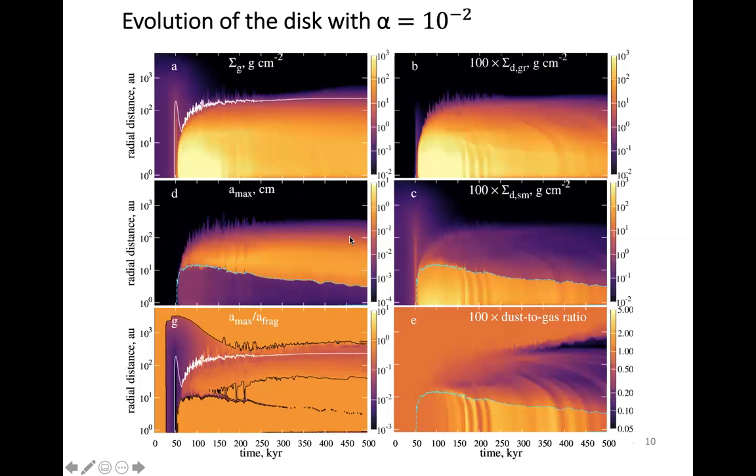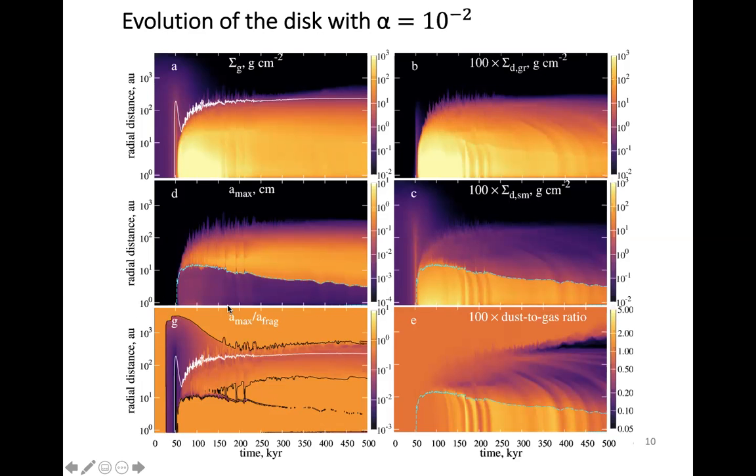Let us now look in more detail at the evolution of disk parameters in the model with alpha equal 10 to minus 2. Here are the space-time diagrams. They show azimuthally averaged values of gas surface density, dust surface density, grown and small, dust-to-gas ratio, and maximum dust size, changing with time along the horizontal axis.